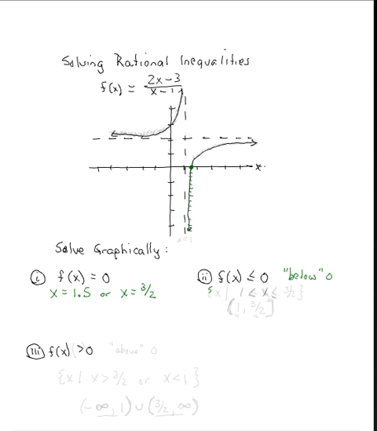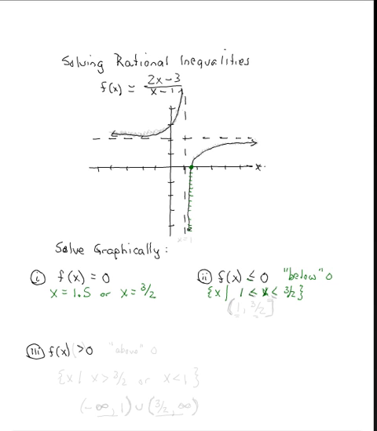So all I can say is that there is a value x such that x is between the number 1 and the number 1.5 or 3/2. Now our inequality did contain the equal to part.